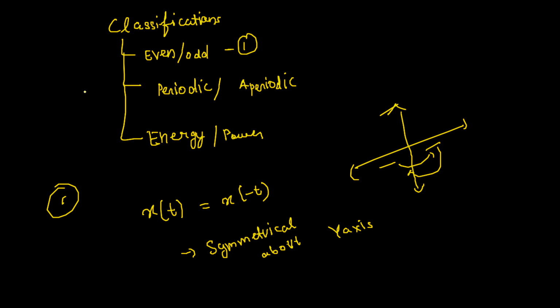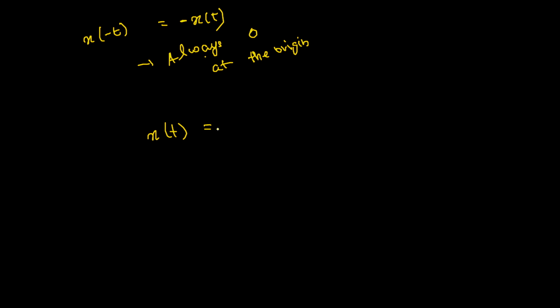And an odd function is a function where x of minus t is equal to minus x of t. The only thing is, an odd function is always 0 at the origin. The important concept on the basis of which questions are actually formed is the fact that any function that you take can be expressed as the sum of an even function and an odd function.